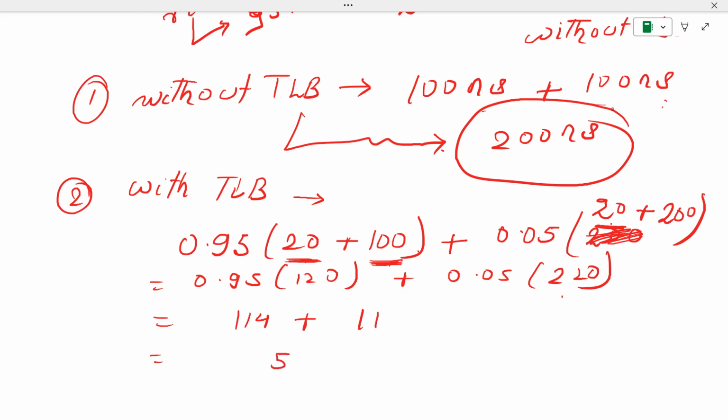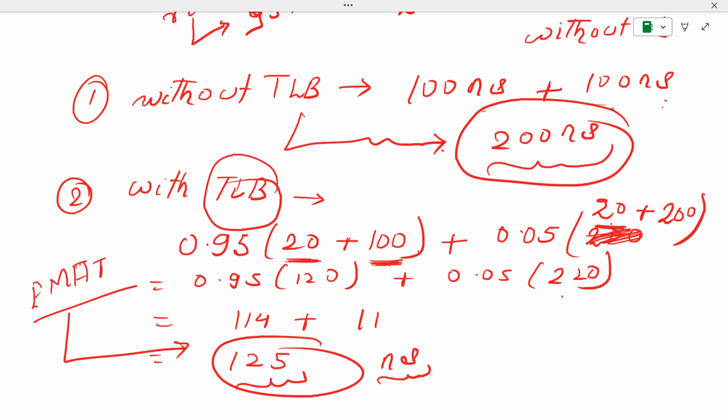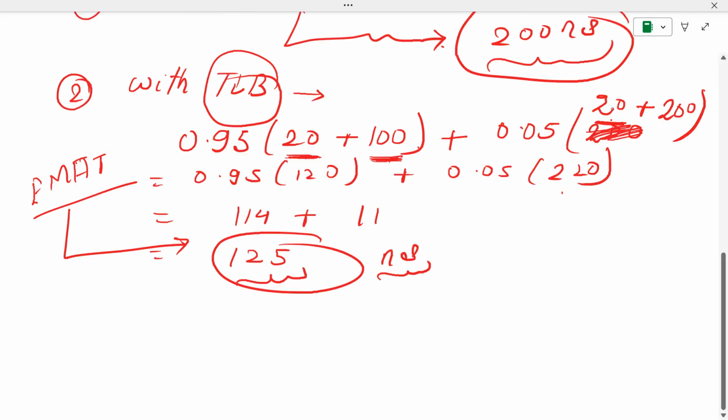So altogether it is 125 nanoseconds that will be taken for the access time, EMAT, with TLB. See how the effective memory access time has been reduced to 125 nanoseconds from 200 nanoseconds just by introducing the TLB. This is what I wanted to discuss.